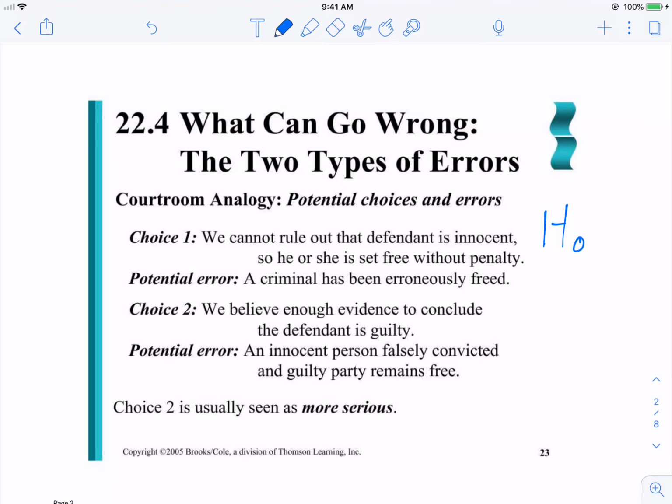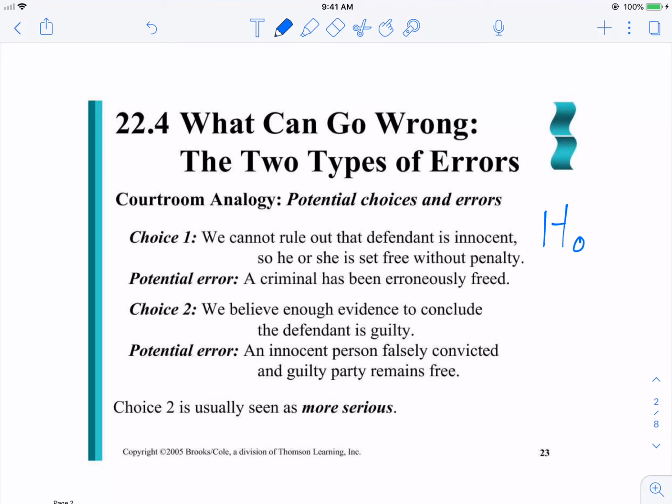What if you believe that you do have enough evidence to convict the person and you find the defendant guilty? But really, unbeknownst to you, that person is actually innocent. Now you have the innocent person who is sitting in jail for a crime that he or she did not commit, and the actual criminal has still gone free.